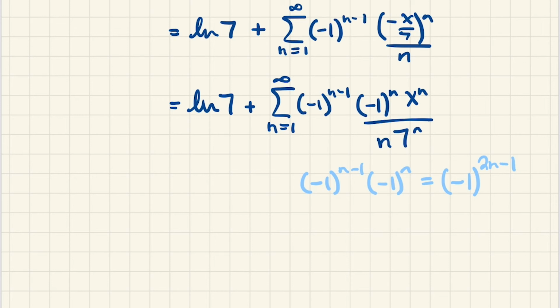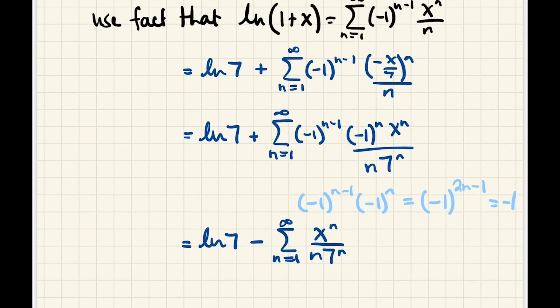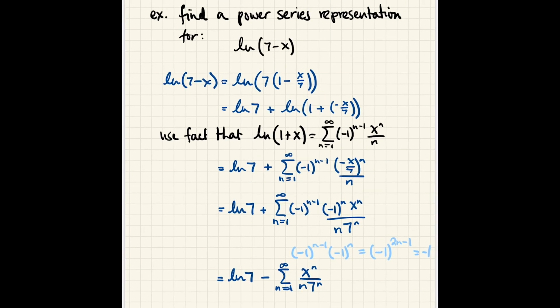It doesn't matter what n is, this exponent will always be an odd number. So this is always an odd number of negative 1's being multiplied together, which is simply negative 1. So we can say this is ln of 7, and there's a single negative 1 factor, which we can just pull right out and say it's just minus all of this stuff, like that. Okay, so that's our final answer.